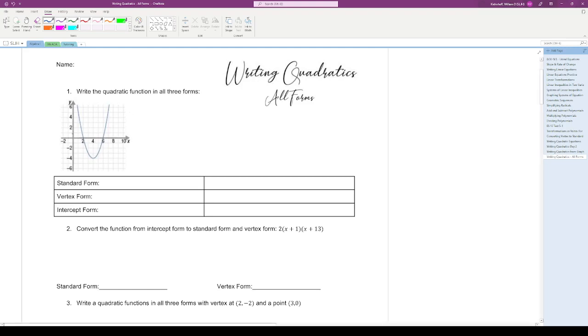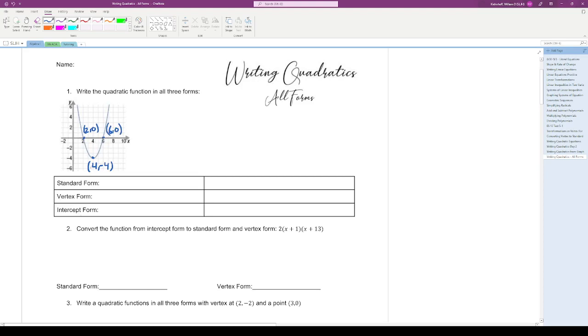So we have a graph for the first problem, and it says to write in all three forms. We have several pieces of information that are going to be important. The first is that our vertex is at (4, -4). That's going to be important to write vertex form. Our intercepts are at (2, 0) and (6, 0). That's going to be important for writing in intercept form.